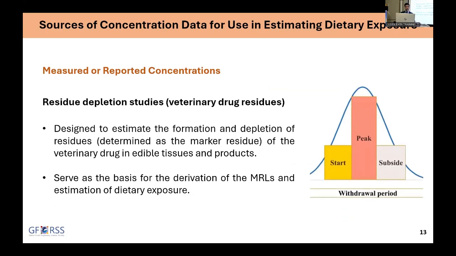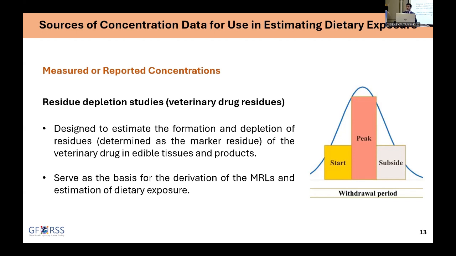It is the same for the vet drug residue situation, but here we call them depletion studies, as I said. They are designed to estimate the formation and depletion of residue, which can be a metabolite, a certain kind of residue of my initial vet drug I administered to my animal, as the marker in normally edible tissues.